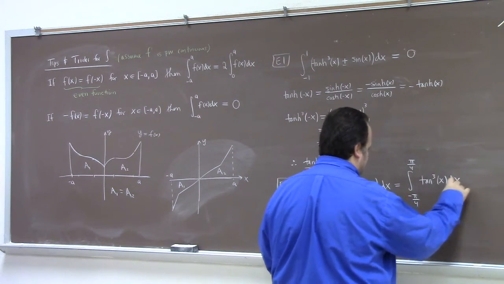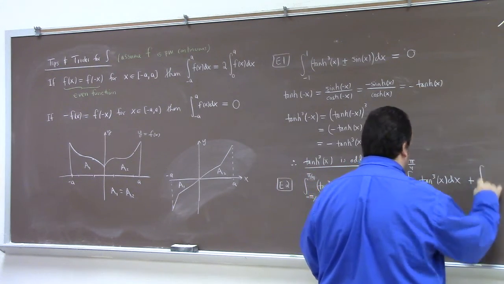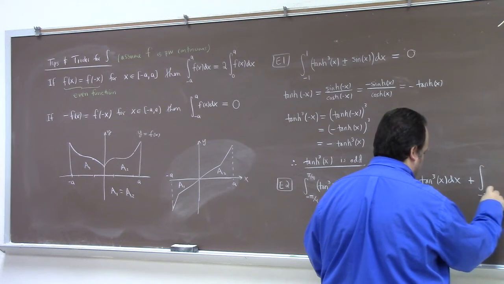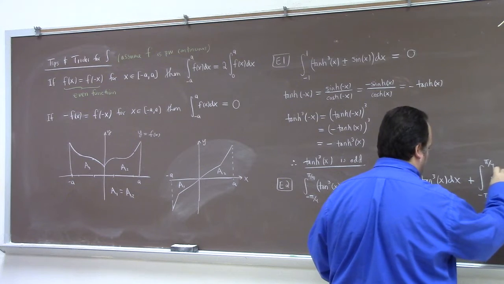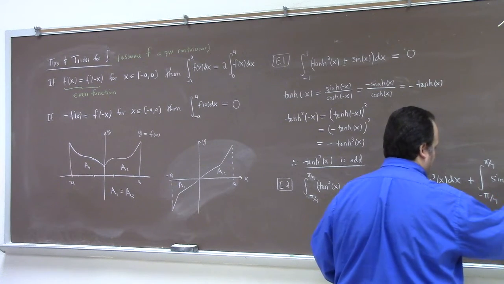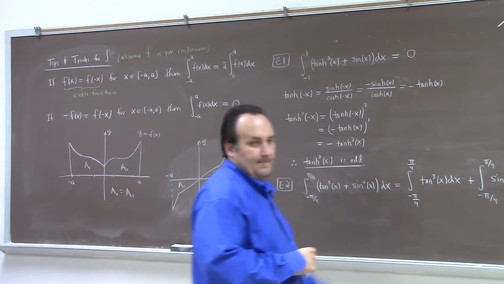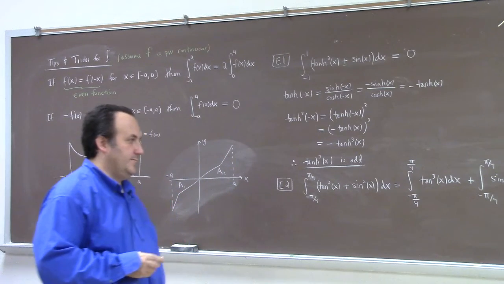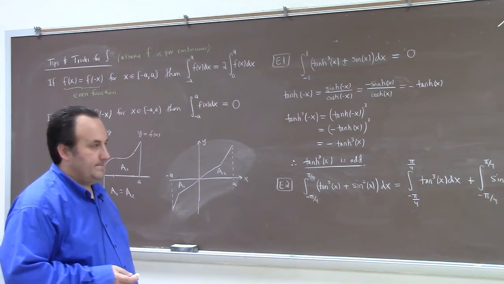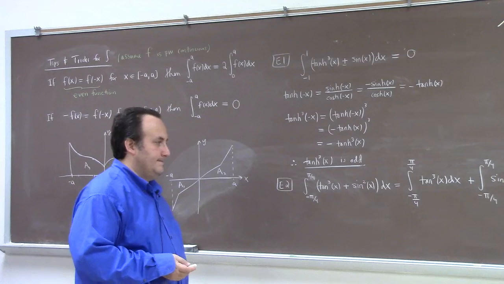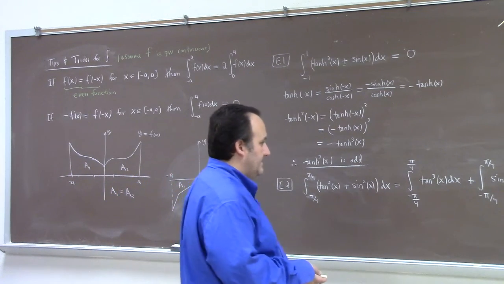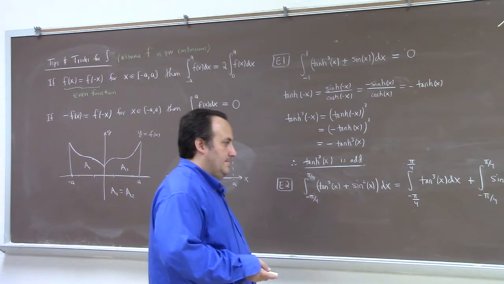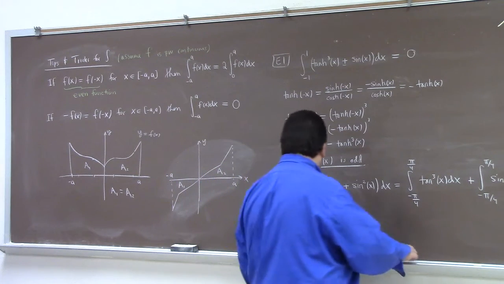That's 0 because it's the integral of an odd function over an interval symmetric about the origin. So this first piece is 0.